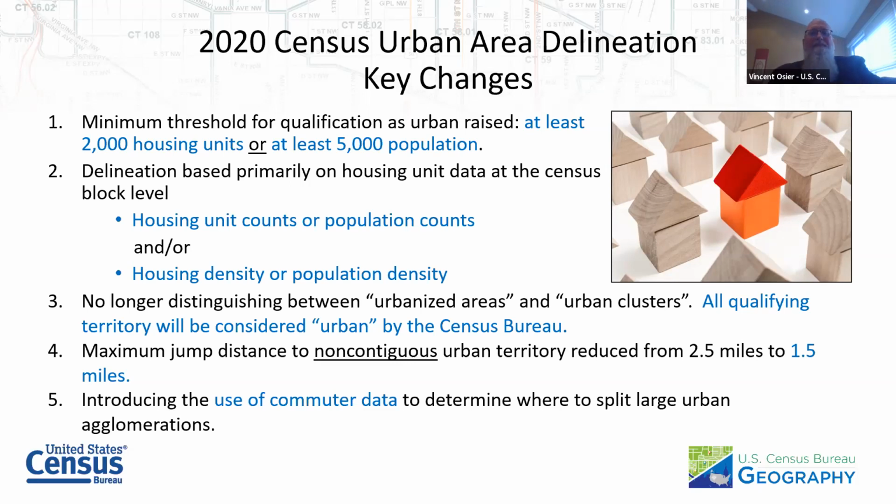So the impact of these changes overall in the urban areas is we see about a 27% decrease in the count of total urban areas, but this is again primarily those smaller urban clusters that people thought of as more rural communities.